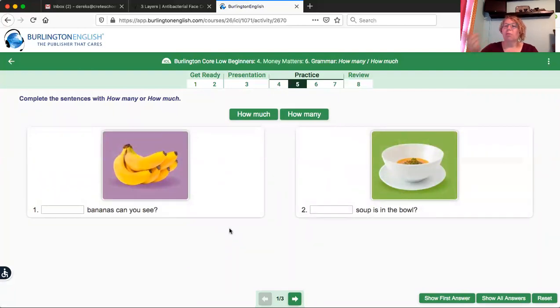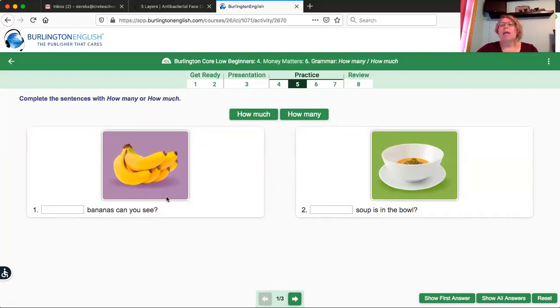And again, you're going to be matching the question with the specific type of food. And remember, it is about counting. So es importante pensar qué cosa es contar or no, este cosa es no contar. I cannot count it, so I need to use a different question word. So here we have bananas.